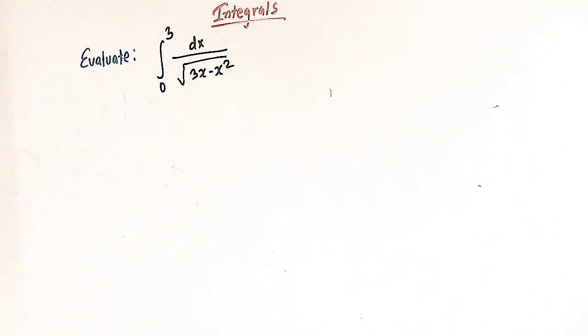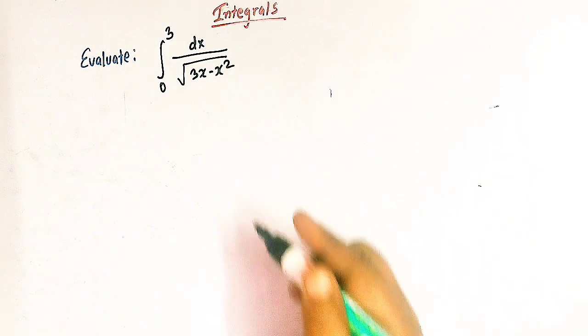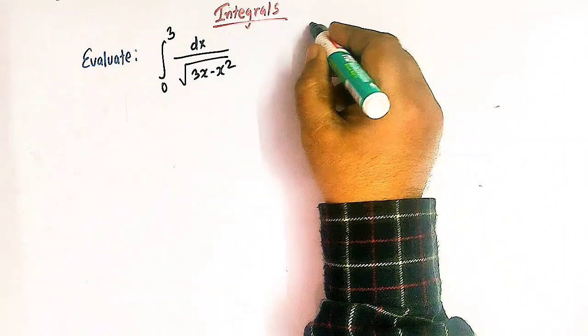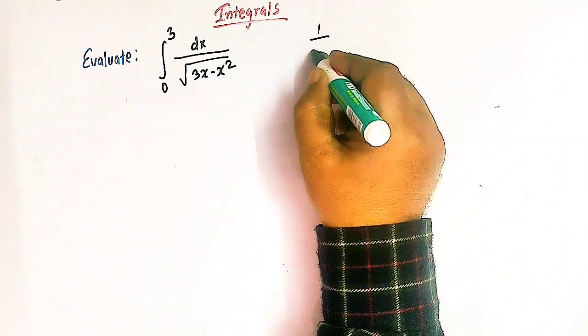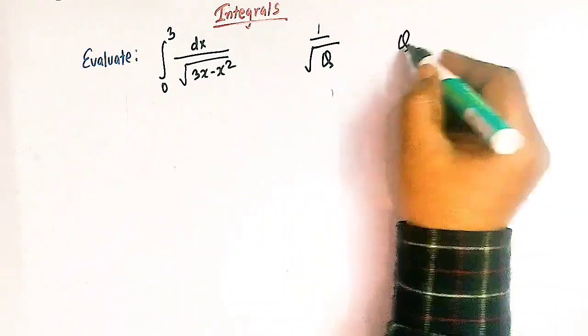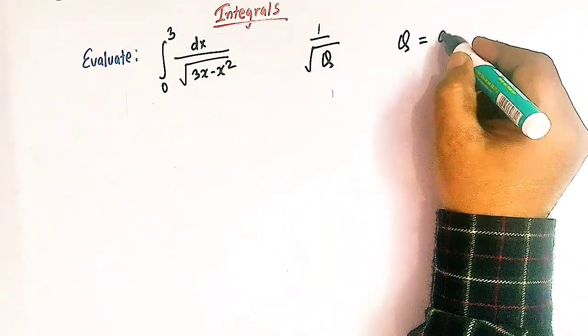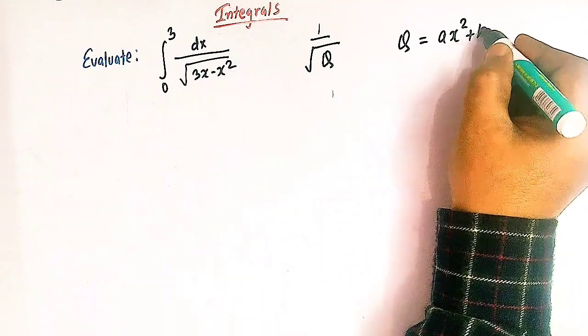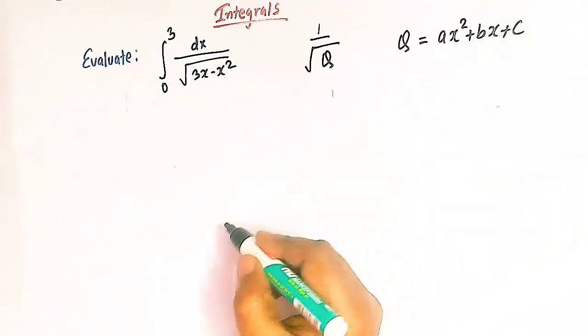Hello viewers, in today's session we are going to discuss a very important definite integral in which the integrand is of the form 1 over square root of q, where q is a quadratic polynomial, that is ax square plus bx plus c, right?